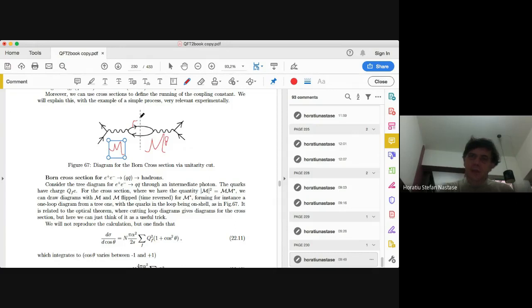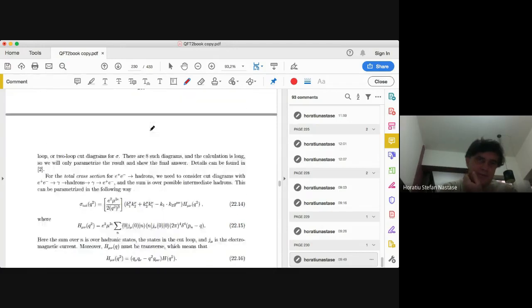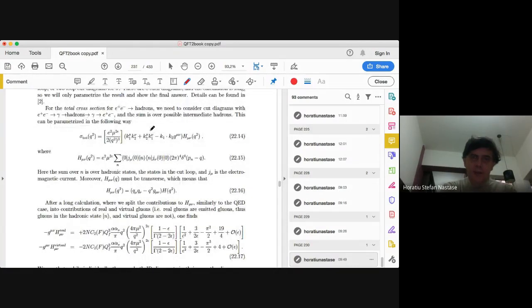If in the end we have hadrons, then we have a cut diagram where what we cut are intermediate hadrons, right? So in this cut diagram, I have E plus, E minus going to photon, going to QQ bar, going to hadrons, and then going back to QQ bar, photon, and E plus, E minus. So we have a sum over intermediate hadrons.